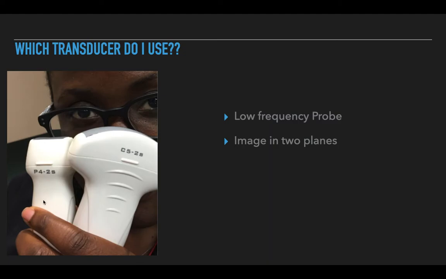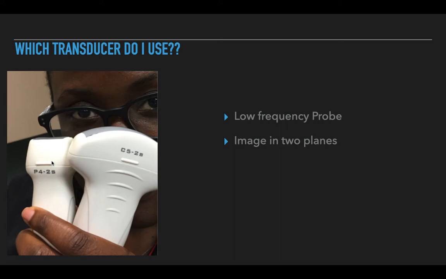I prefer this one actually in looking at the kidneys simply because this footprint is small enough to fit between the ribs. That's going to be important when we talk about where the kidneys are located. When you pick your low frequency transducer, let's say you've chosen this phased array probe, you're going to be imaging your kidneys in two planes.